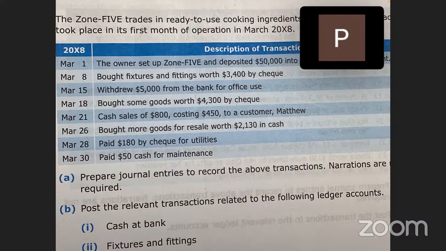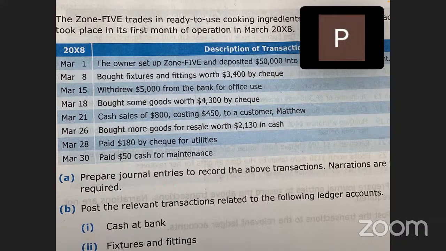That is already enough for you to think about who increases, who decreases. Which one makes sense here? If the utility returns $10 to you, is there anything which is decreasing or increasing? Cash at bank increases, which means debit. So you write that now.